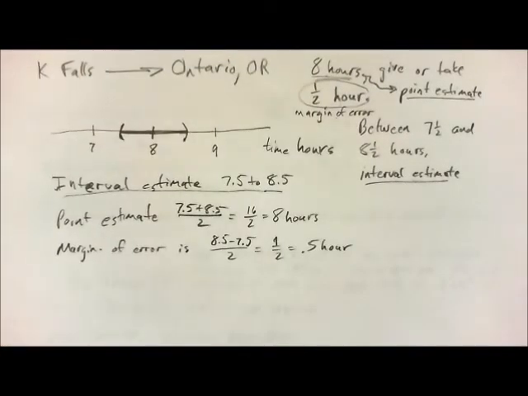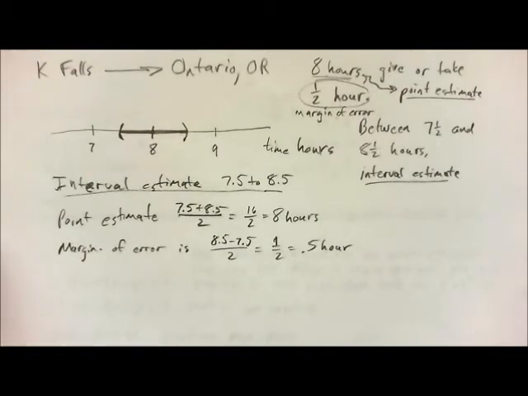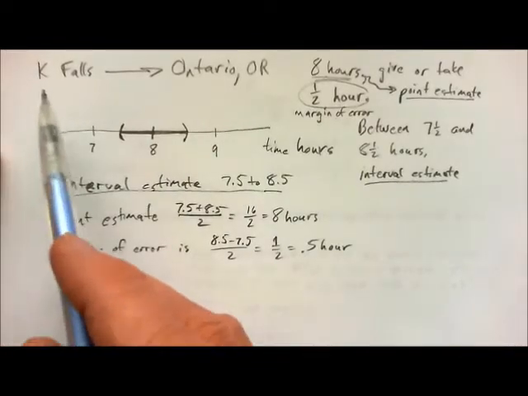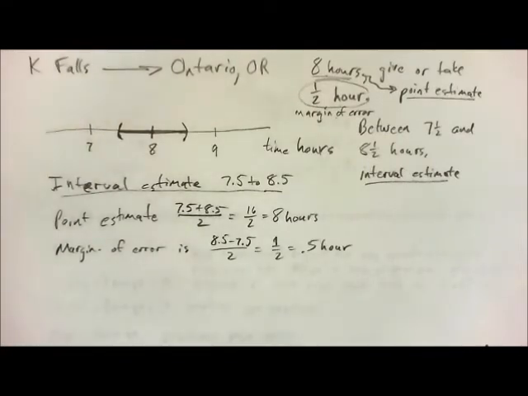Let's look at a different example. This is an estimate of a mean. Actually, this would be the average time it takes to get from Klamath Falls to Ontario. So let's look at an estimate of a proportion. Suppose along your drive from Klamath Falls to Ontario, just to kind of kill time, you decide to look at all the cars that you either pass or pass you, going the same direction as you, just to keep it from not being as many cars as it would be if you took the ones going against.